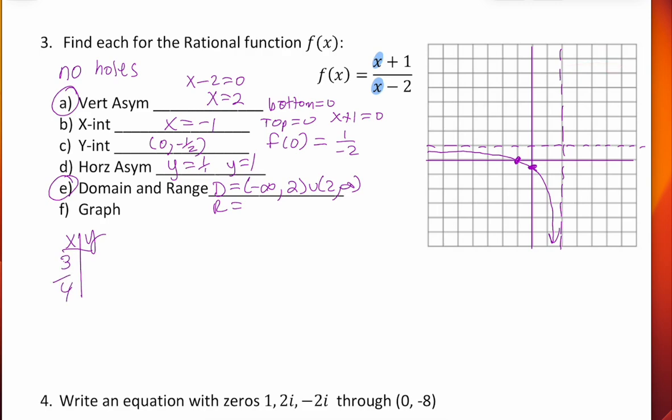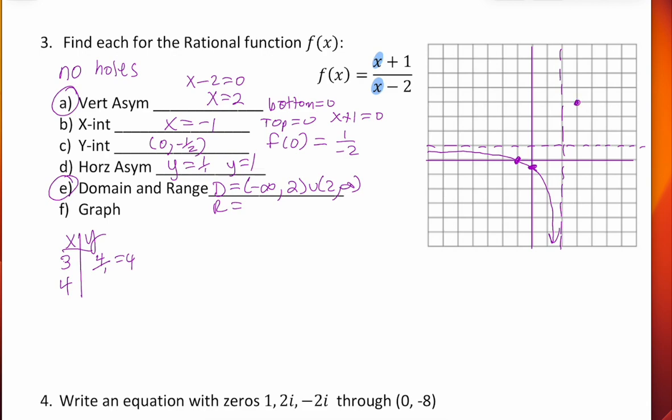Let's see what happens, because I will either find a piece up here, which is pretty common, or maybe I get a piece down here. That usually happens if you have some powers. Anyway, let's plug in 3. If you plug in 3, you get 4 on top. You get 1 on the bottom. That's 4. So at 3, I'm up at 4.